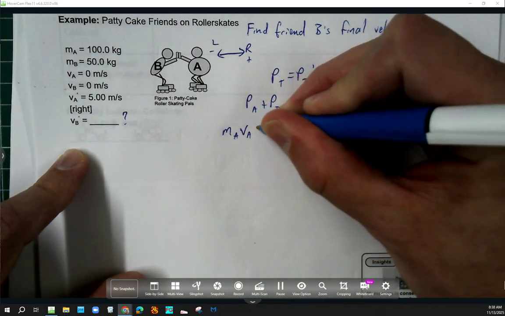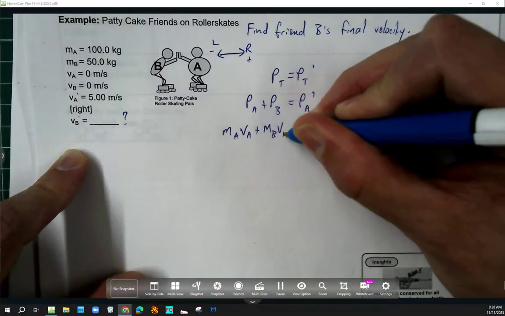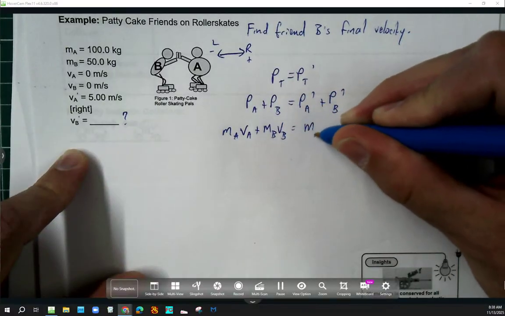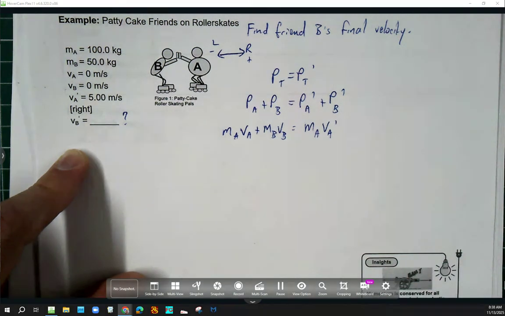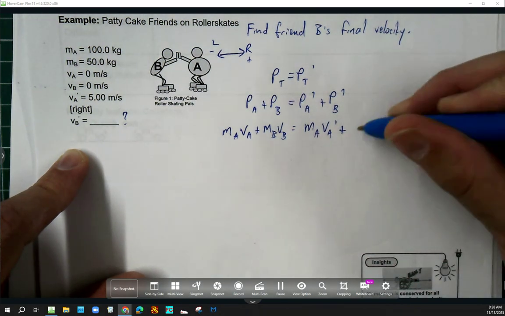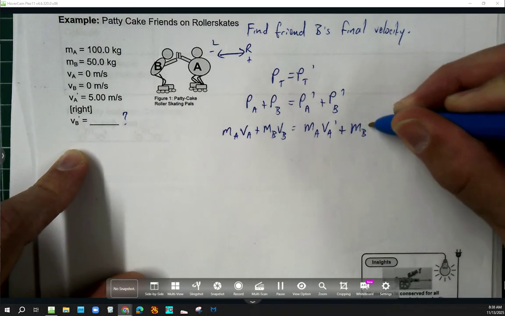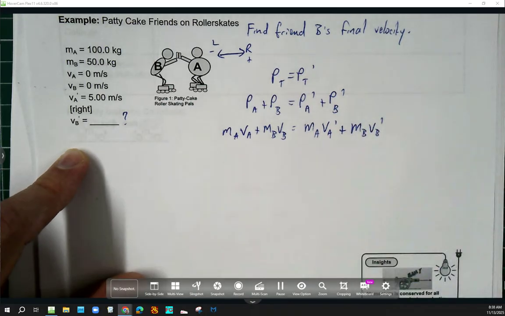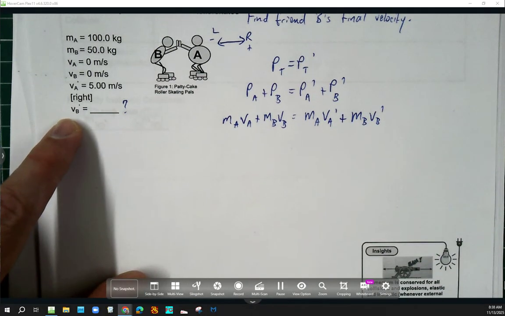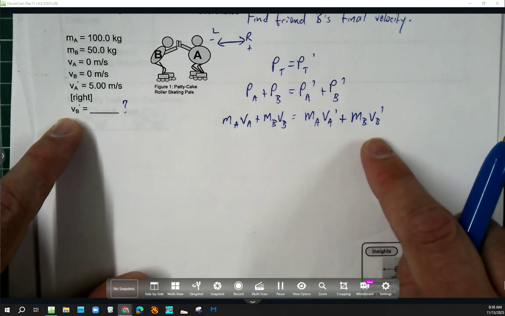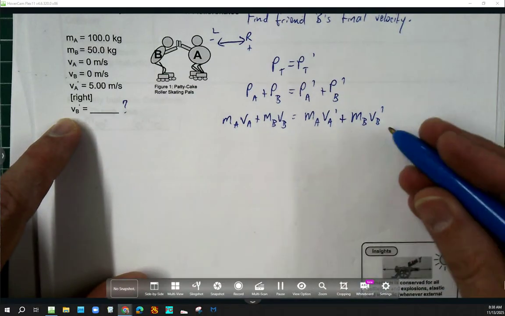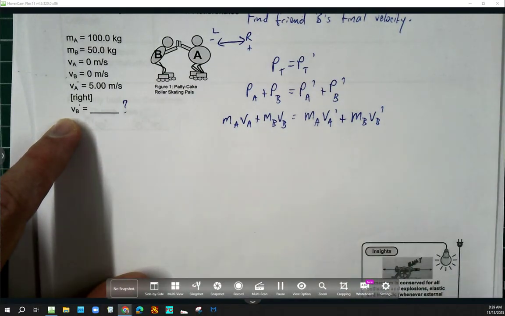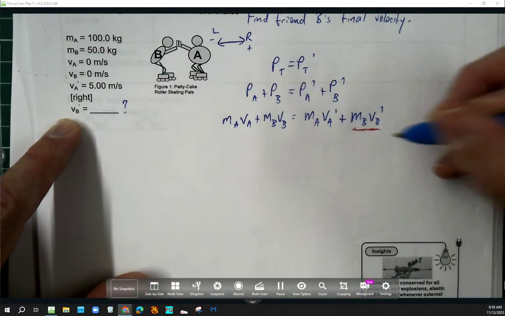MAVA plus MBVB equals MAVA primed plus MBVB primed. Notice I'm not priming the masses because the masses are the same before and after, right? It's the velocities that change. And if I was trying to find velocity VB primed, then I'm going to have to get everything but the VB primed term and its coefficient over to the left-hand side.